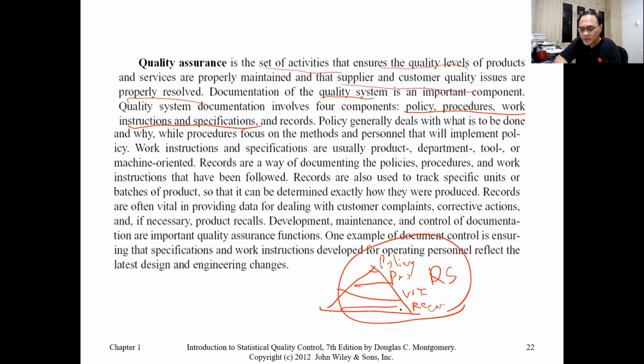Basically, what quality assurance does is to make sure that you have the system in place. For example, I'm a customer, I want to know how you produce the car or your product, or even for that matter in higher education. How do lecturers teach? How do you do the marking?